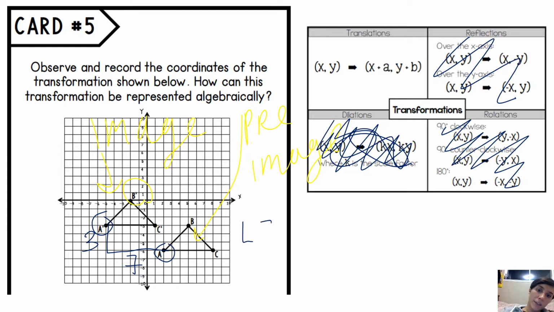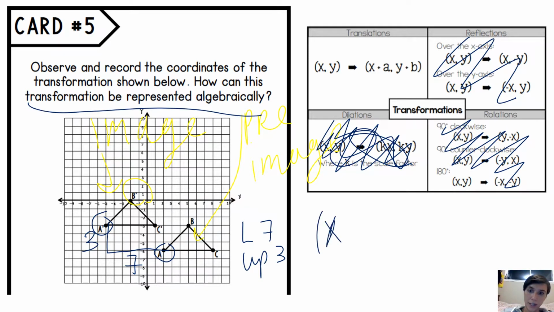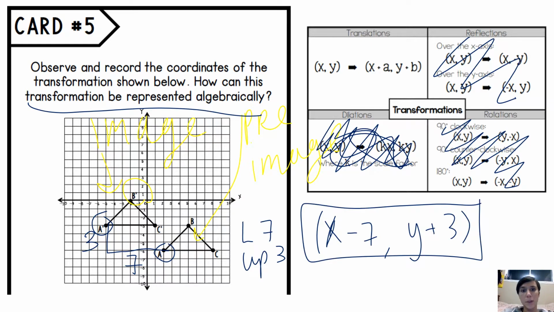So left 7, up 3. So it says, how can this be shown algebraically? Well, x and then left is negative, and then y, and we went up 3, so it's +3. That would be the rule for that transformation.